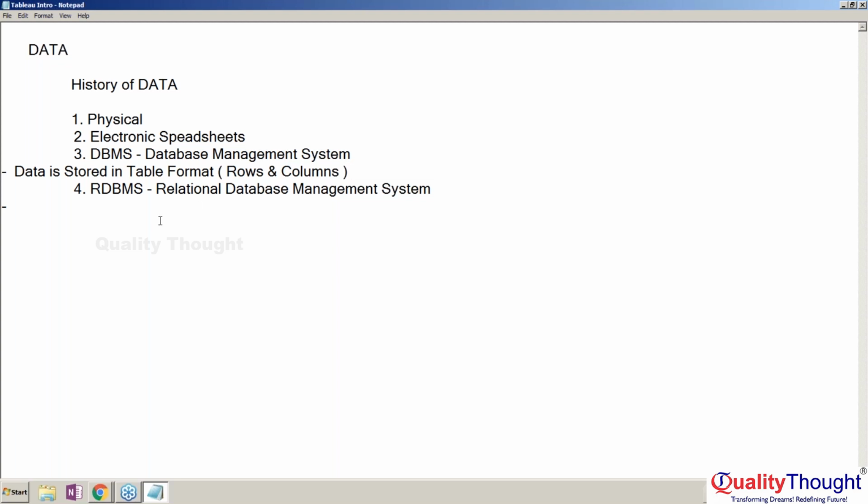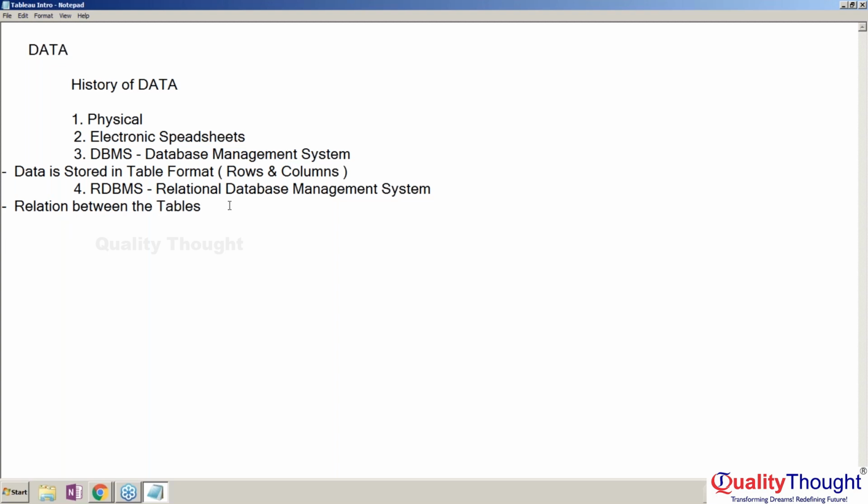Later on, whenever the RDBMS model came in place, what exactly we have introduced is this part, the relation between the tables. Okay, are you good so far?